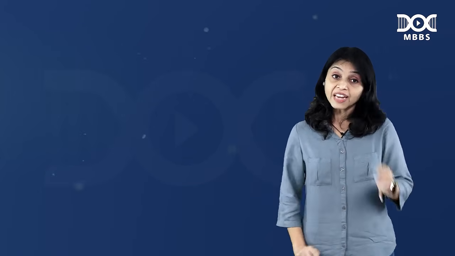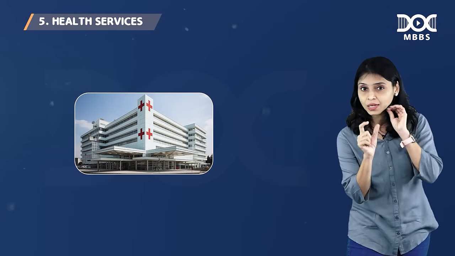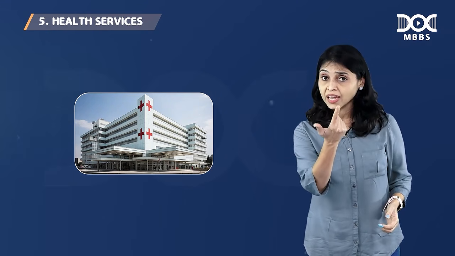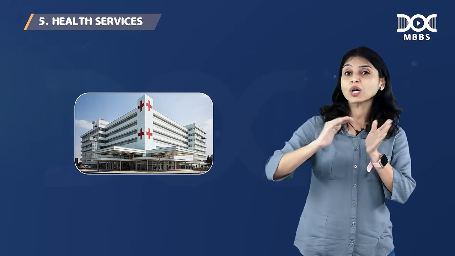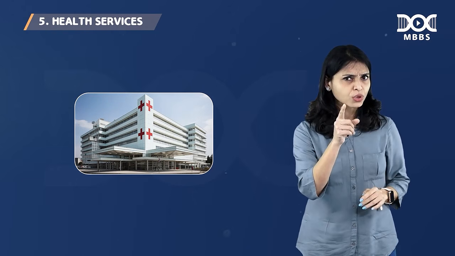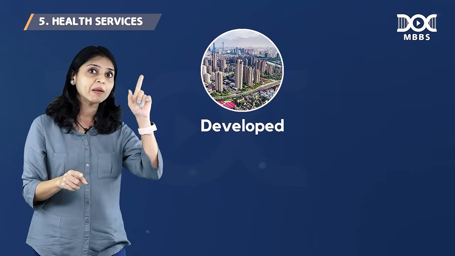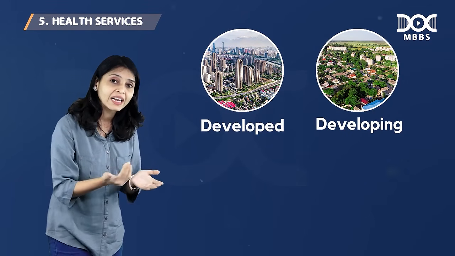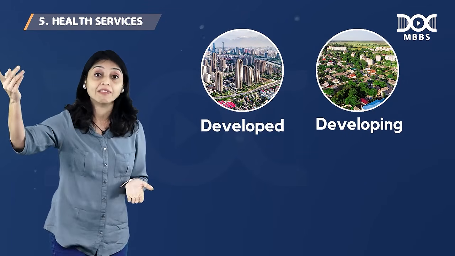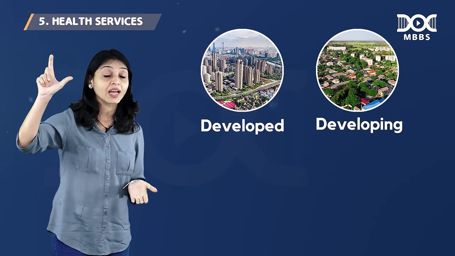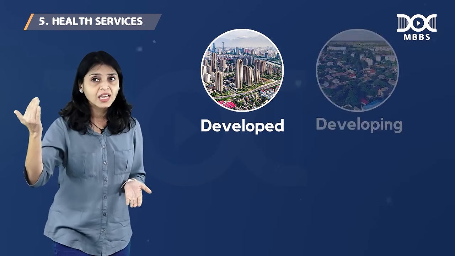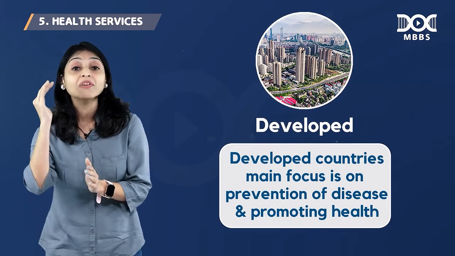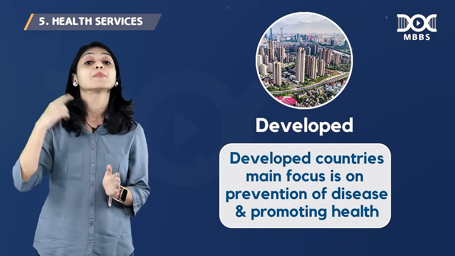Then what you have next is known as health services. Don't you feel that the health services existing in your area can contribute to disease? Just think about developed countries and developing countries. Obviously, a lot of diseases are there in developing countries compared to developed countries, because the health system there is different. In developed countries, the health system mainly focuses on prevention of disease and promoting health.